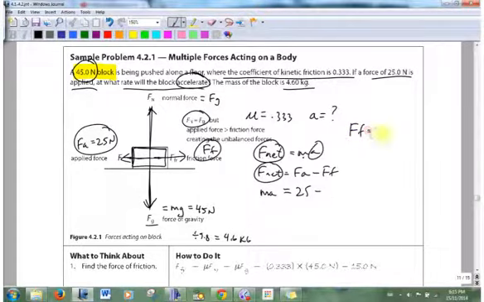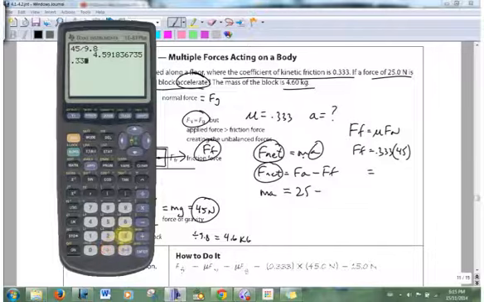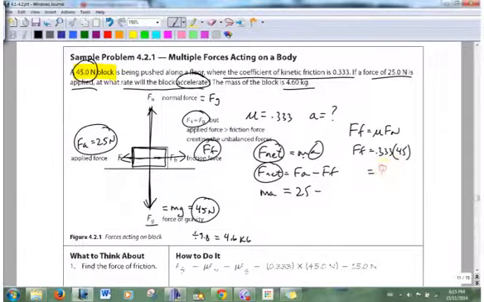That's where this formula comes in. Force of friction is mu times Fn. Fn is equal to Fg, and I know that's 45 newtons. So my force of friction is 14.99, let's call that 15 newtons.